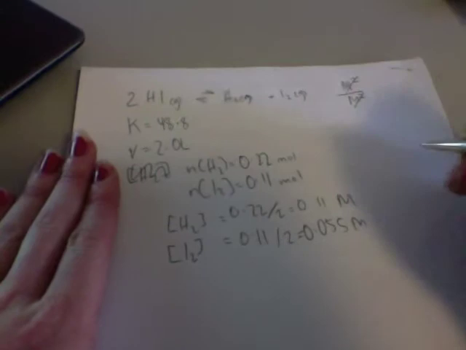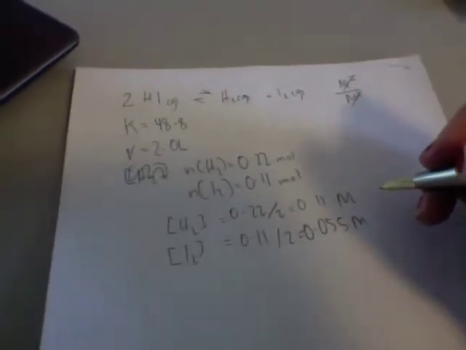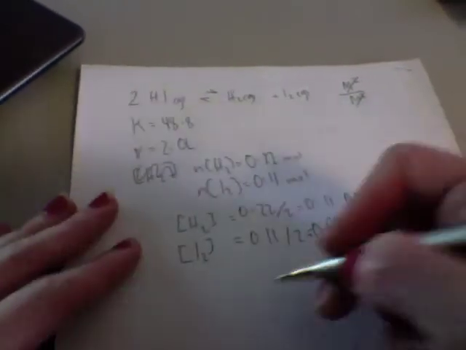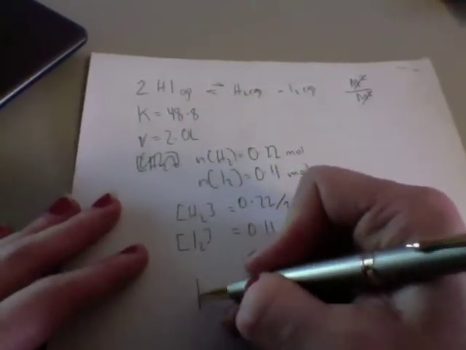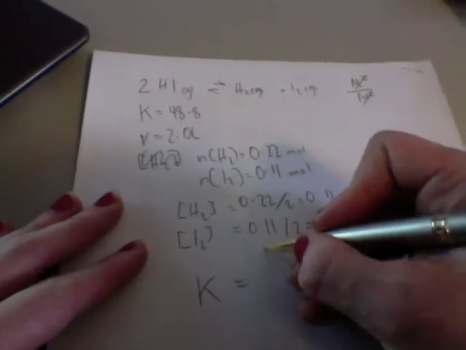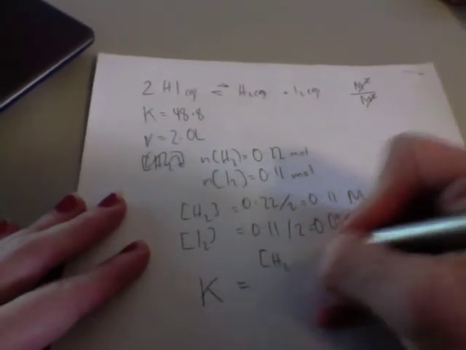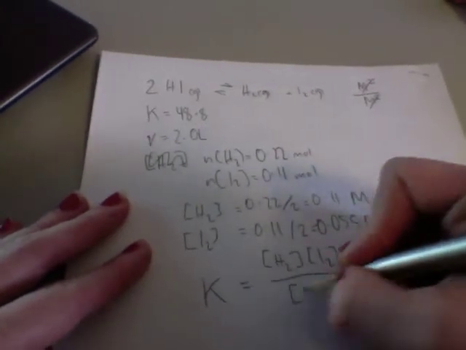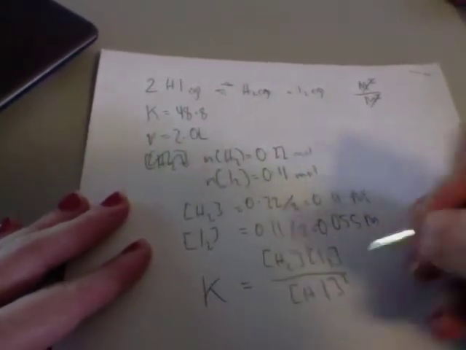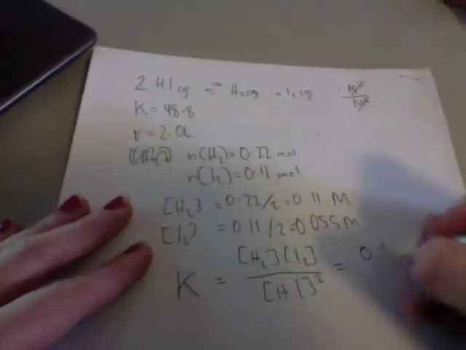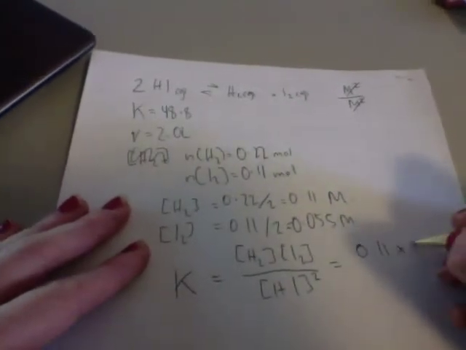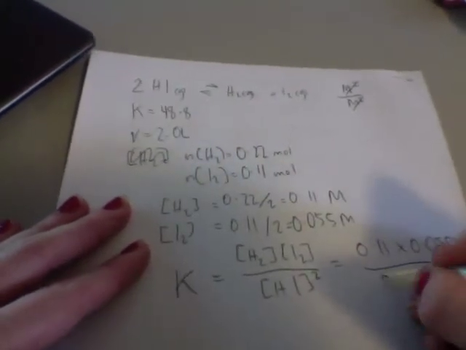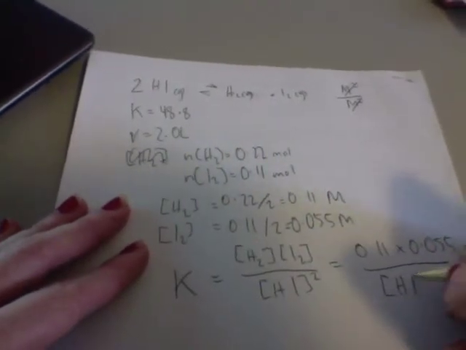We need to calculate the concentration of HI at this temperature. We can do that from the K constant. So K is H2 times I2 divided by HI squared, equals 0.11 times 0.055 divided by HI squared.